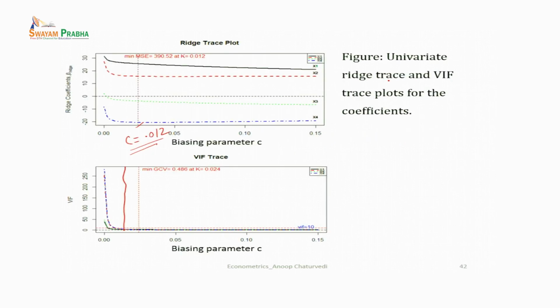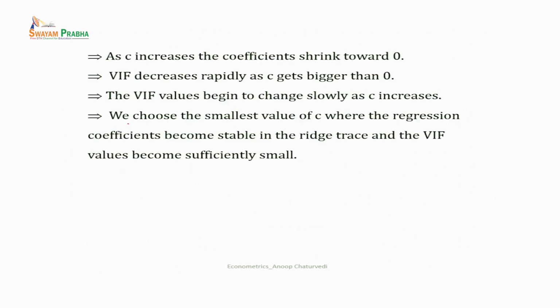As c moves away from 0, VIF decreases very rapidly. And we choose the smallest value of c where the regression coefficients become stable in the ridge trace and the VIF values become sufficiently small. So, this is how you can select the value of c using the ridge trace plot and VIF plot.